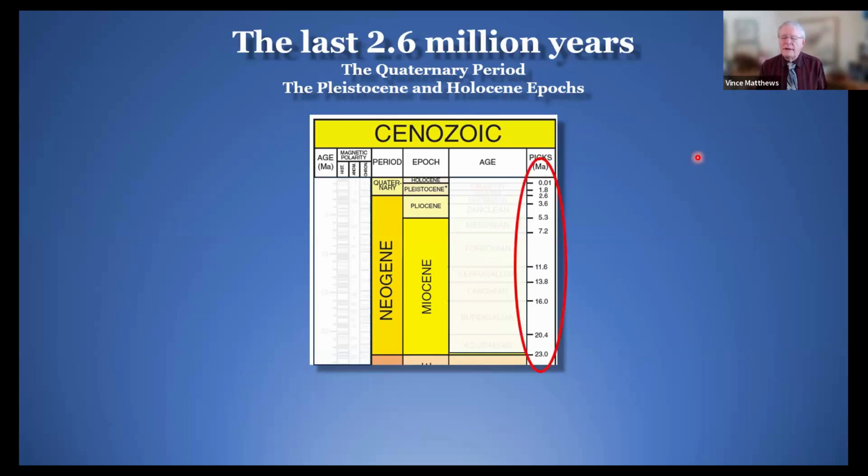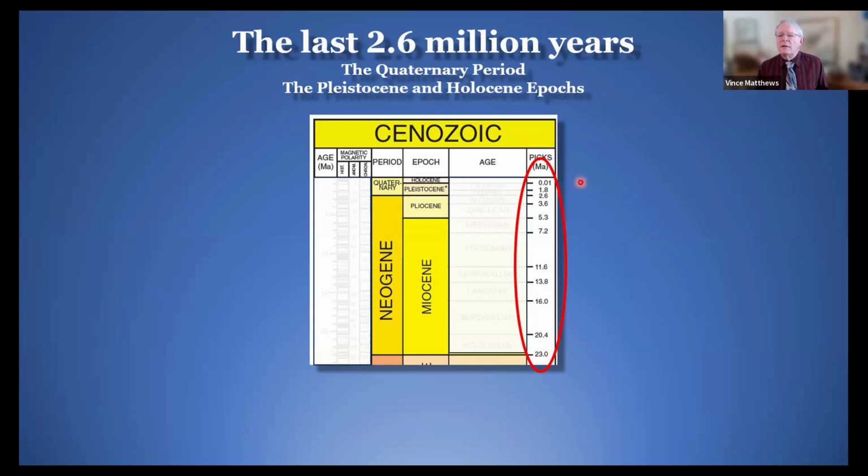And so we have the absolute ages from combining the fossil data with the magnetic reversal data and any other volcanic eruption data that we can get. And we have an absolute age of 23.5 million years going down to 0 at the top.